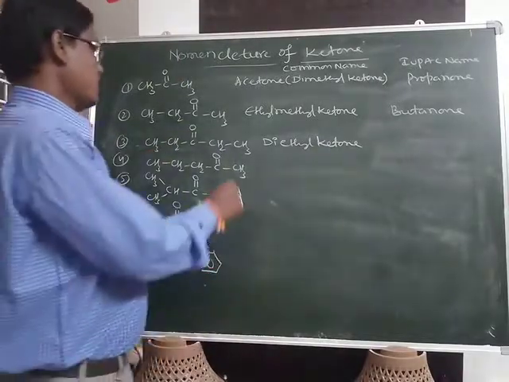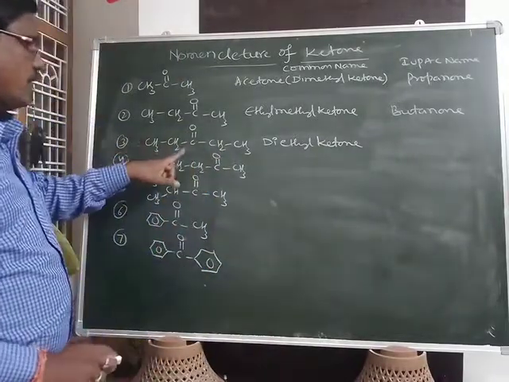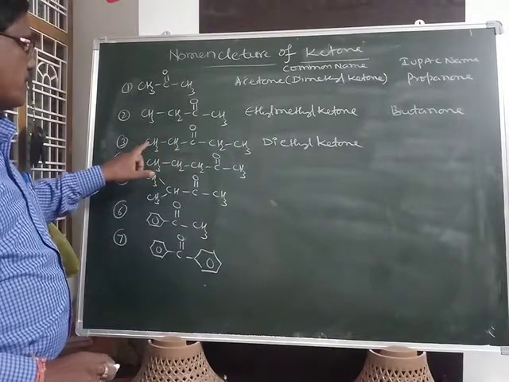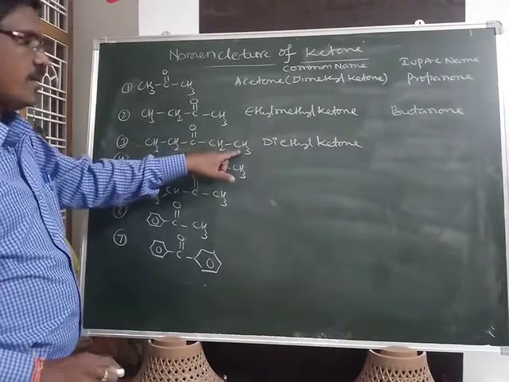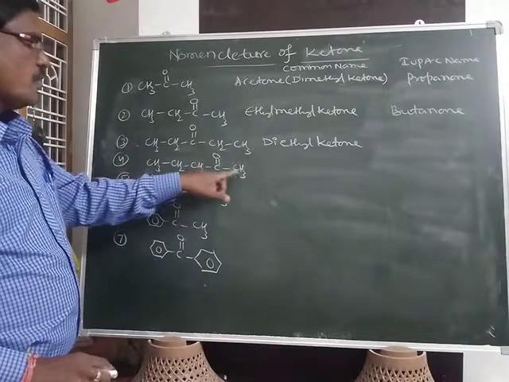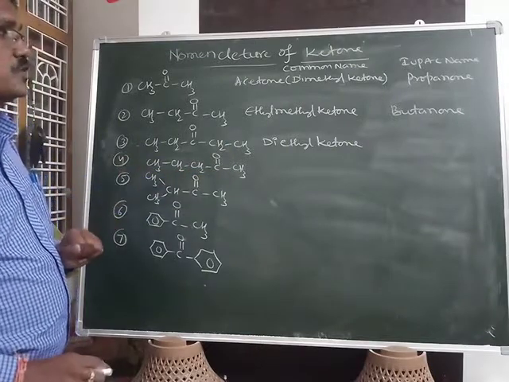Here, these two are the same number of carbons, 1, 2, 3, 4, 5, and 1, 2, 3, 4, 5. That's why we want to mention the position.